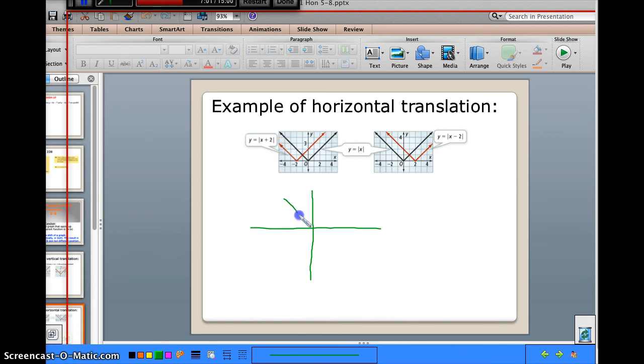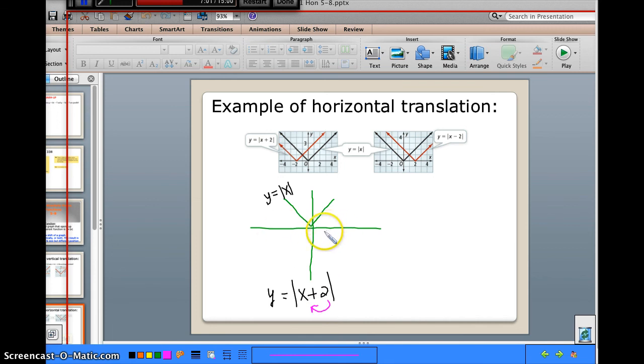If you look at the parent function, y is equal to the absolute value of x, and then they add the 2 inside the absolute value bars, we now know that because it's next to the x, that 2 is going to shift on the x-axis, which means it's going to be a horizontal translation.